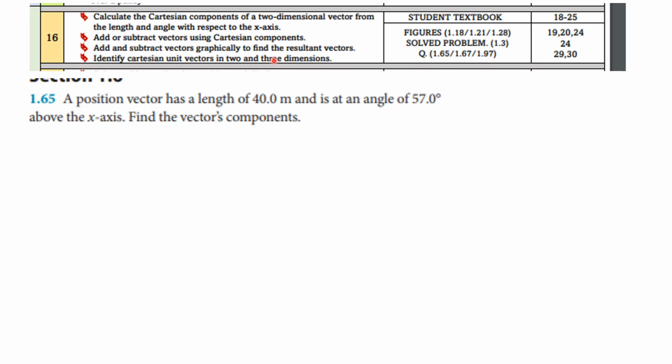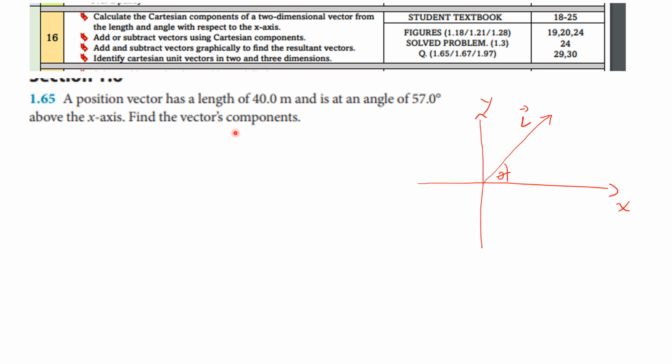Next, in this slide, we have a position vector that has a length of 40 meters and an angle of 57 degrees above the x-axis. Find the vector components. So we have to draw the vector first, which is vector L, in two dimensions, x and y.